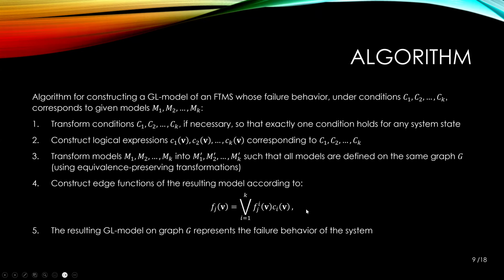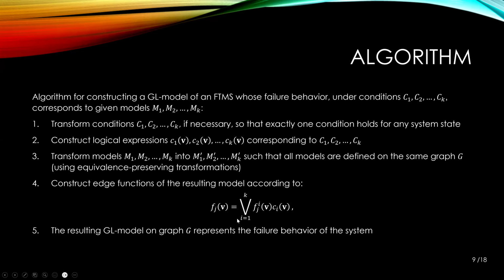After that, the auxiliary models are transformed into equivalent models defined on the same structure graph G using the equivalence preserving transformations proposed in this paper. And the edge functions of the resulting model are then constructed according to the expression presented on this slide.